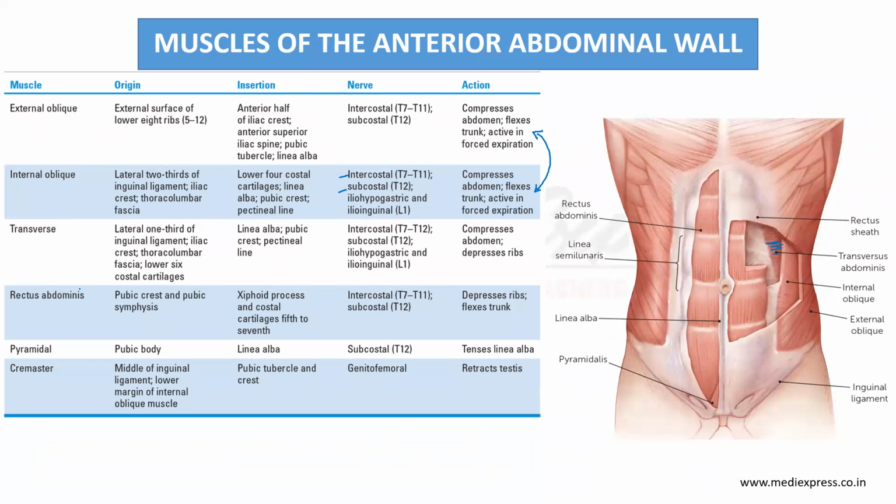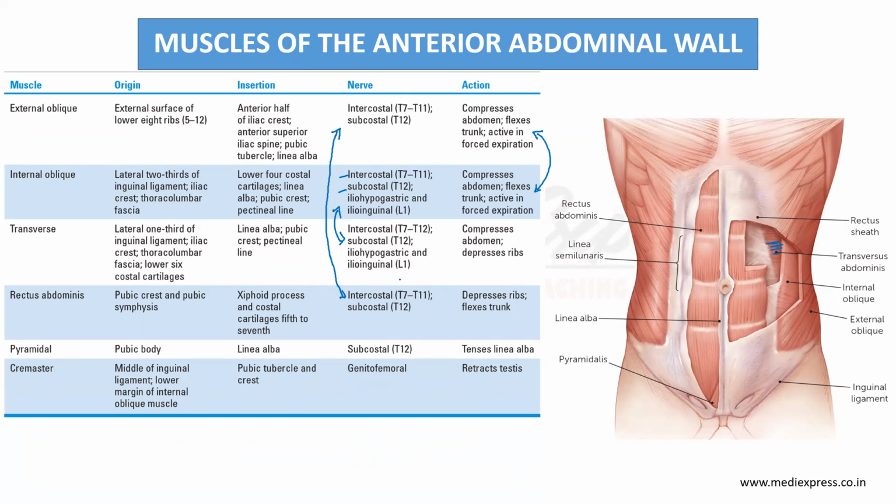Now, coming to the transverse, you can see transverse is over here. The lateral third of the inguinal ligament, okay, leave that. We'll see the nerve innervation. The nerve innervation of internal oblique and the transverse is one and the same. Okay, and the nerve innervation of external oblique and rectus abdominis is the same.